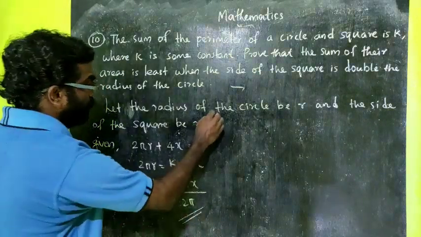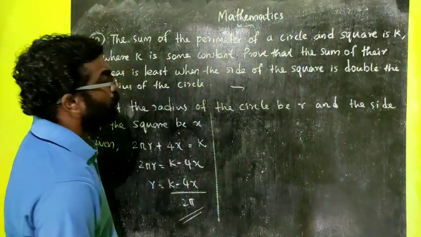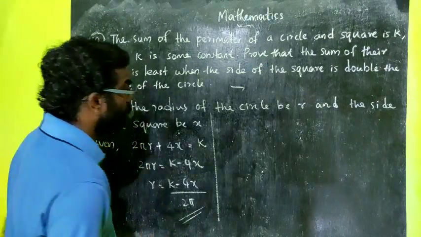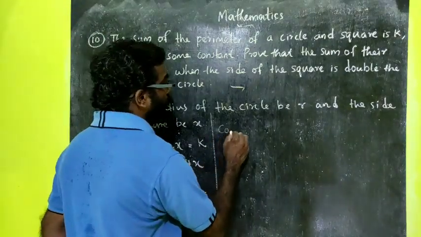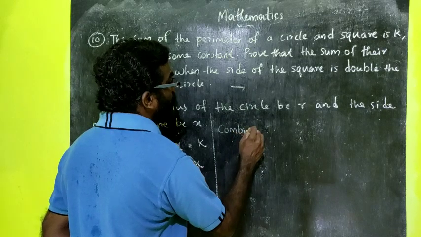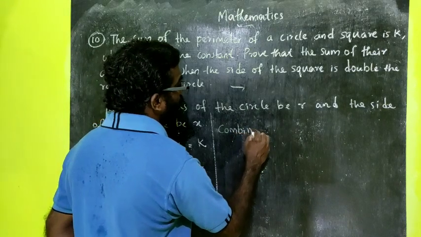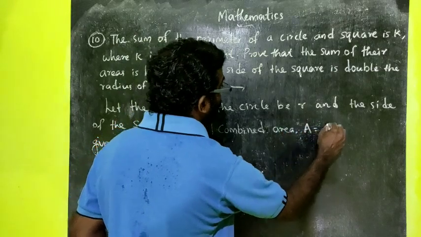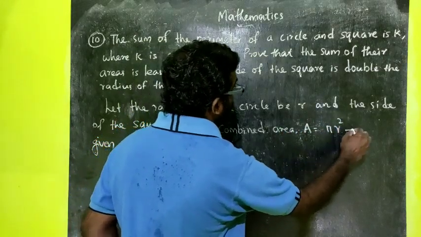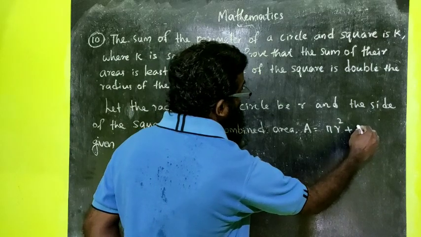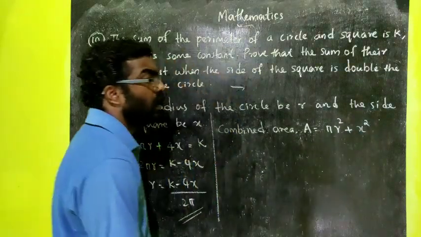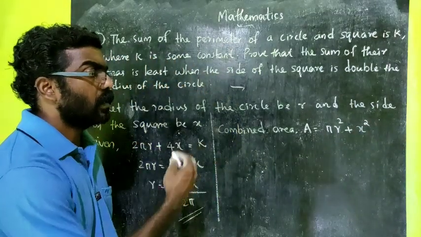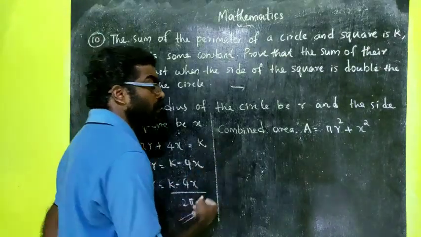Okay. Now we can write the combined area. The combined area of the square and the circle, capital A, is equal to πr² plus x². The area of the square is side into side, here it is x, so x².